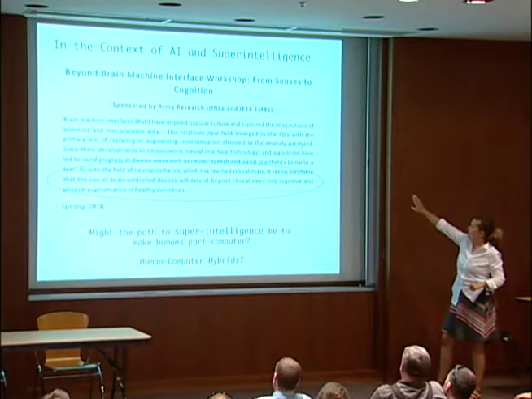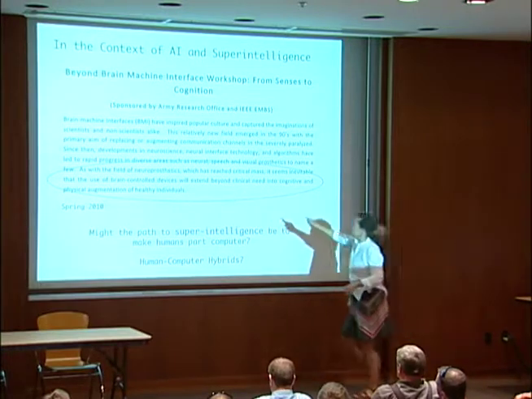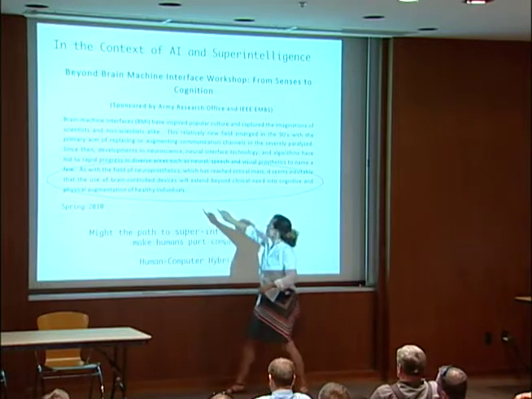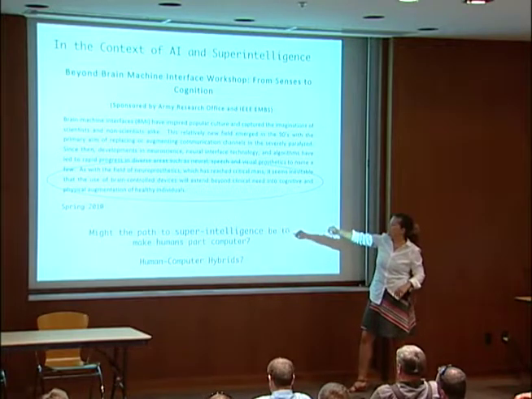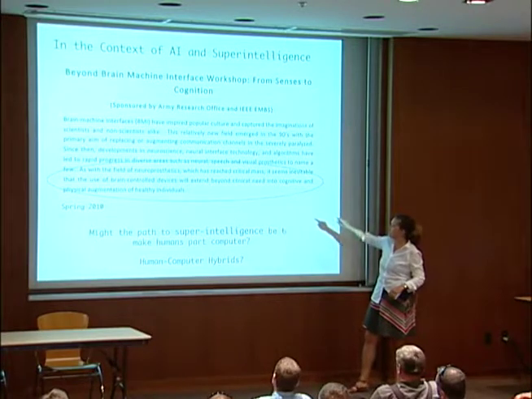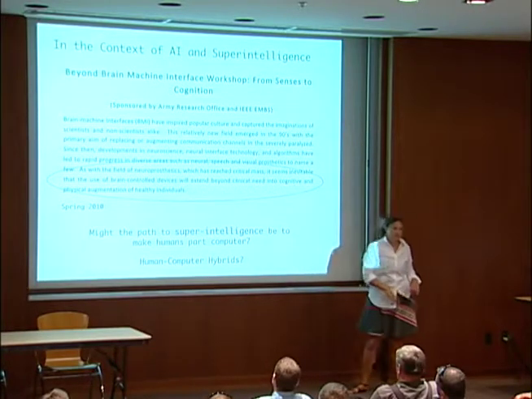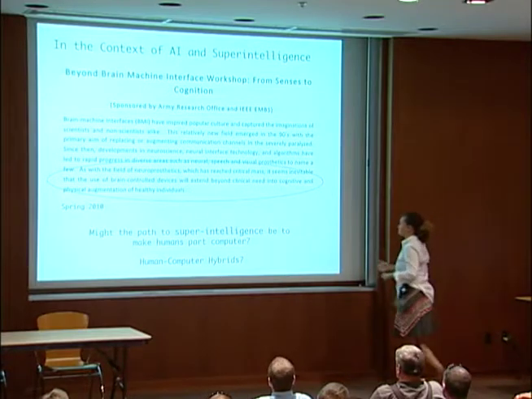So this is putting it back in the context of superintelligence. The statement says, as with the field of neuroprosthetics, which has reached critical mass, it seems inevitable that the use of brain-controlled devices will extend beyond clinical need into cognitive and physical augmentation of healthy individuals. So people are already talking about this sort of thing.